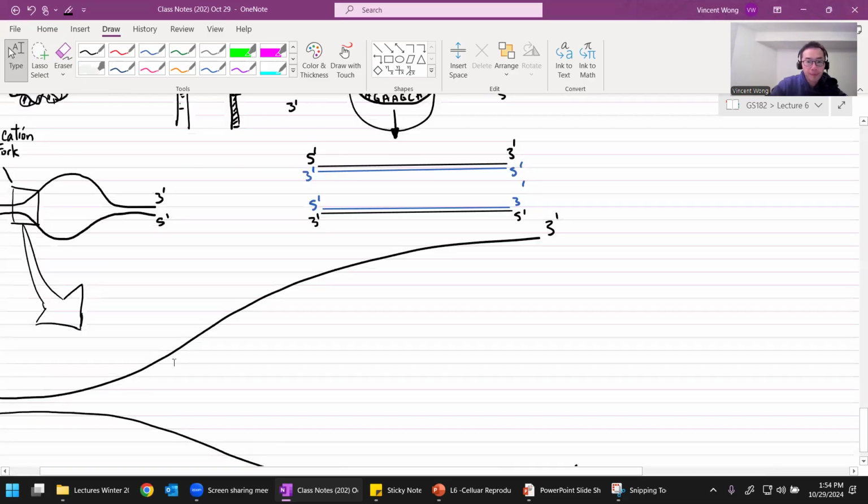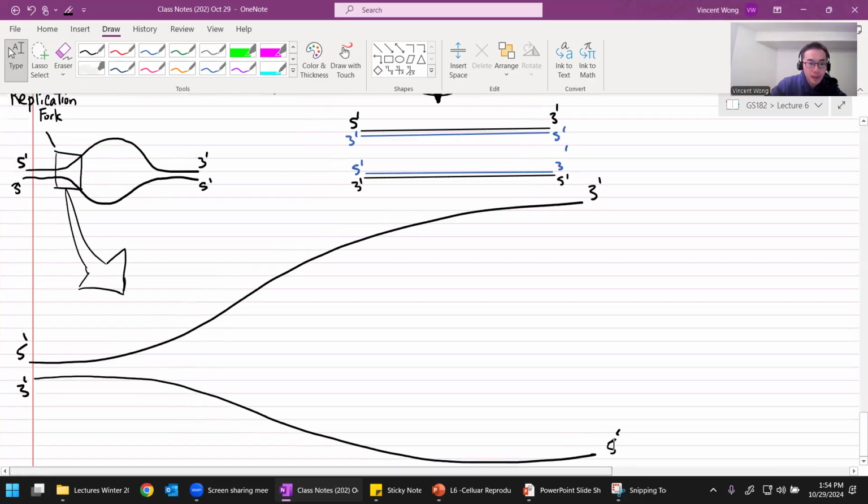All right, so here we created the bubble, and we're focusing on one side of the bubble, which is called the replication fork. And I am going to put some nucleotides here. Just try to copy what I have. I'm totally randomly making it up as well, but it's probably easier for you to copy what I have than to create your own.